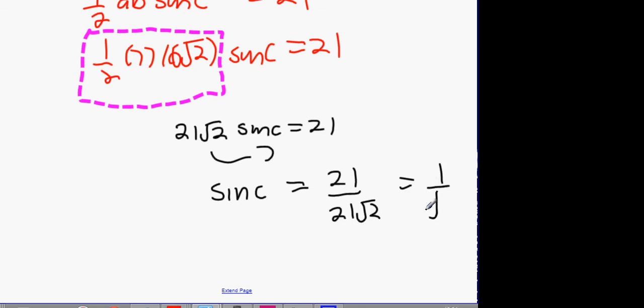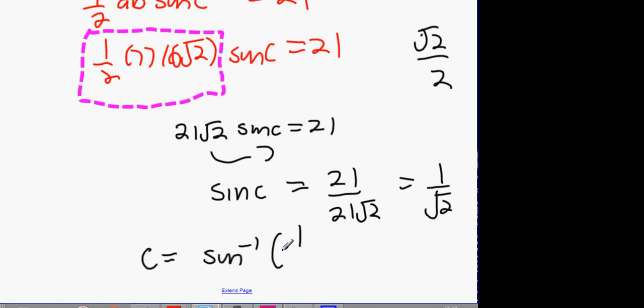It's 1 over root 2, or in some calculators I think it's root 2 over 2. Okay guys, sine inverse it. Sine inverse 1 over root 2, and what do we get? It is 45 degrees.